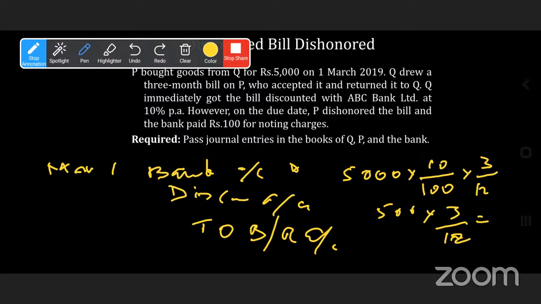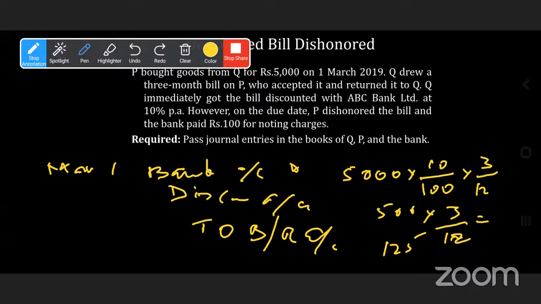Calculate it properly. The discount is 125.